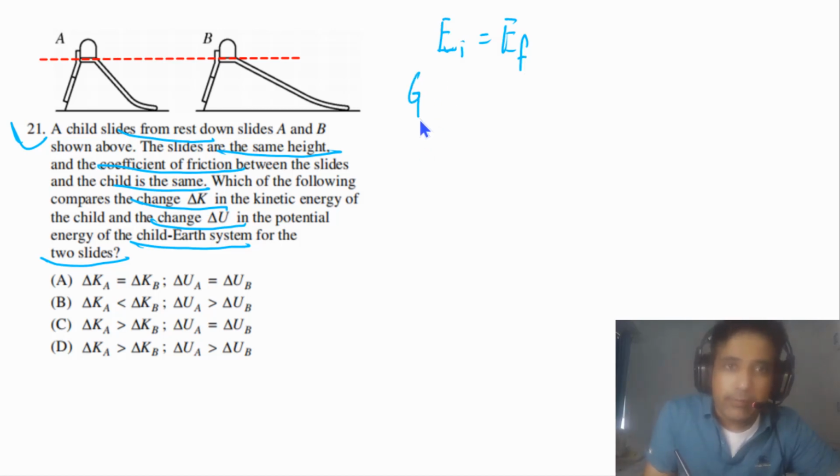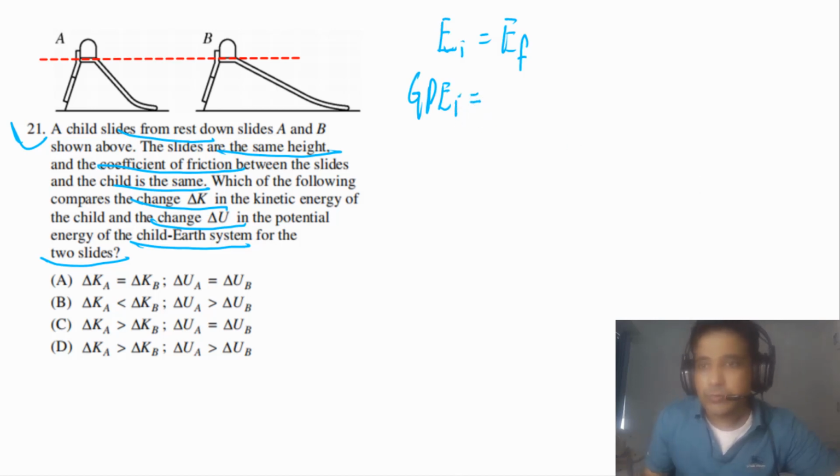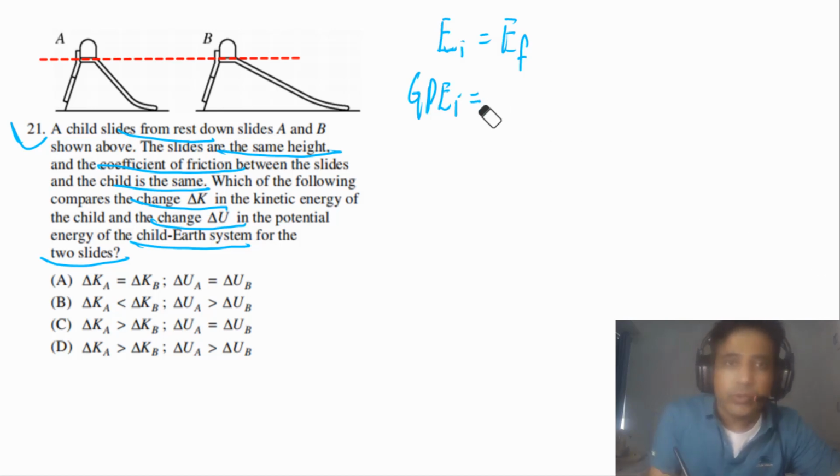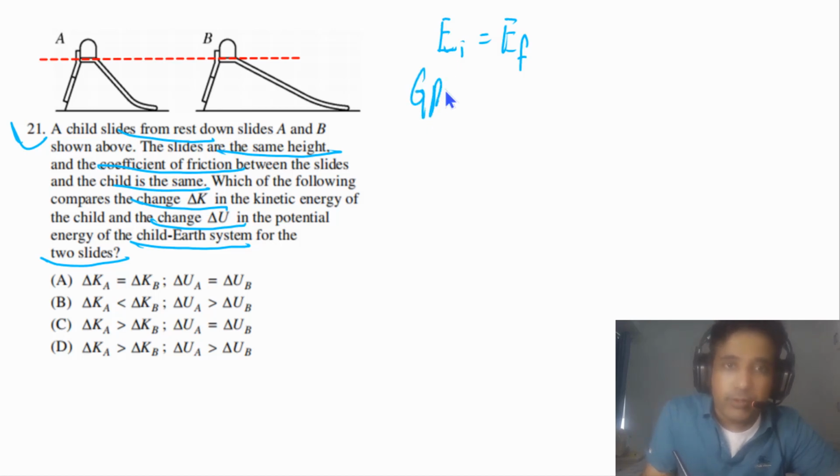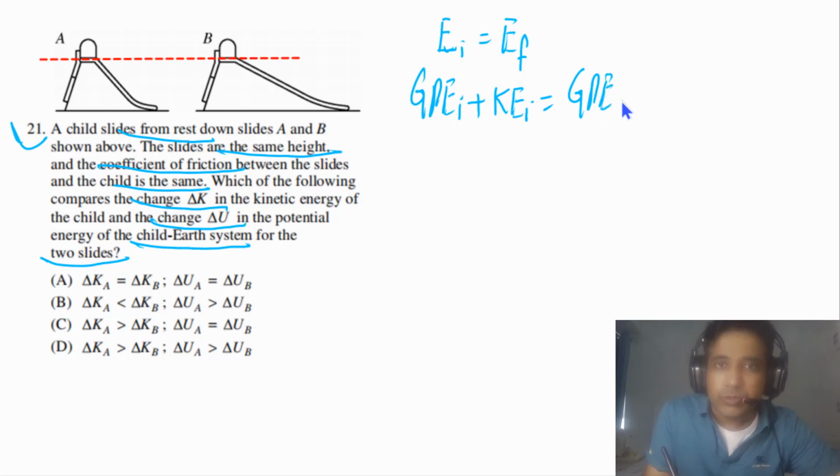Let's write this in detail, so it will help you understand the concept better. We have initial GPE plus initial kinetic energy, and this has to be equal to final GPE plus final kinetic energy plus work done against friction.